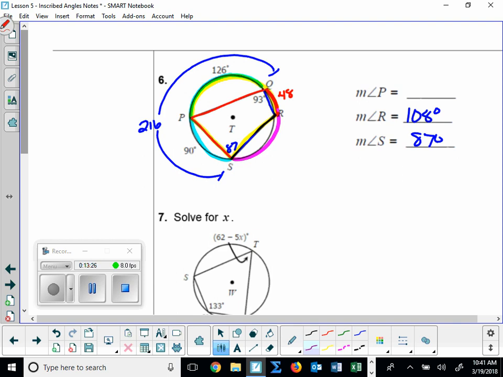I'm finally getting somewhere here. Okay, I still need to know SR though. So let's take a look at 93. So arc RSP is double 93. 93 times 2 is 186.